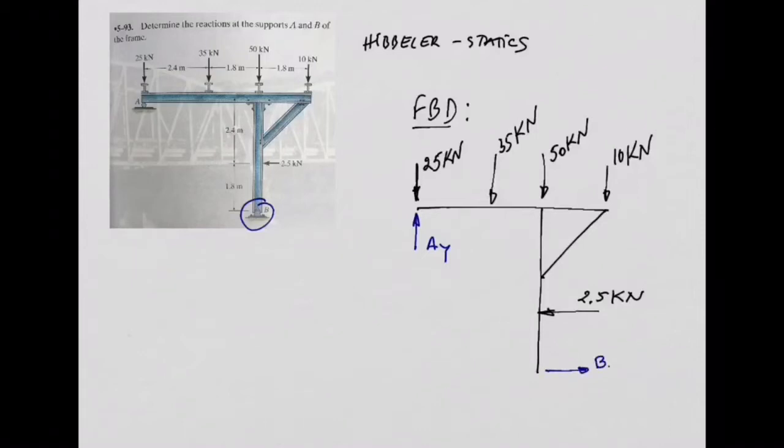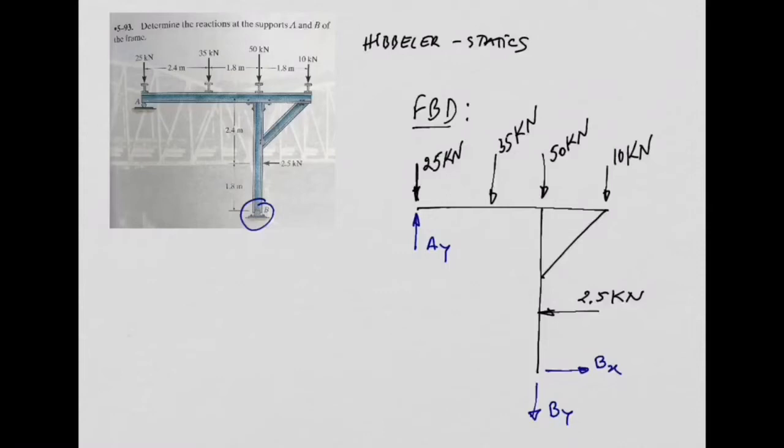I'm going to call this Bx, and this I'm going to call By. Don't worry about the direction. For example, By, I represented downwards. I could have represented upwards. It doesn't matter, because, as we are going to see at the end, the sign of the reaction will tell me if my initial orientation was correct or not. All right?